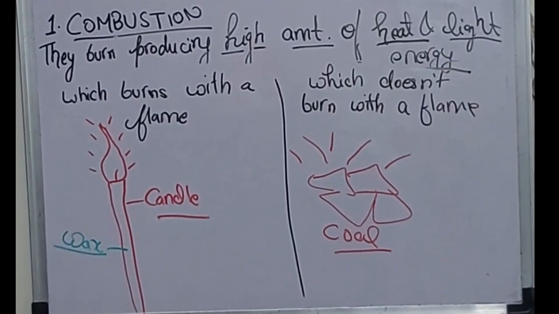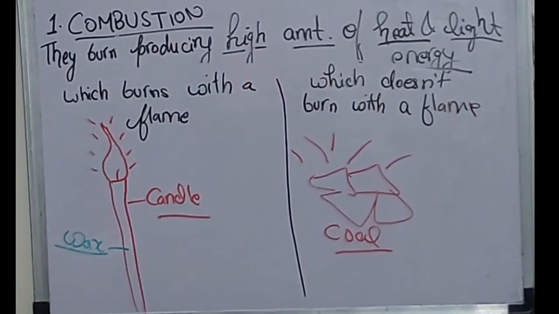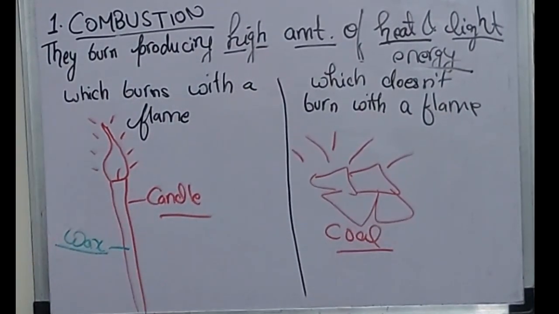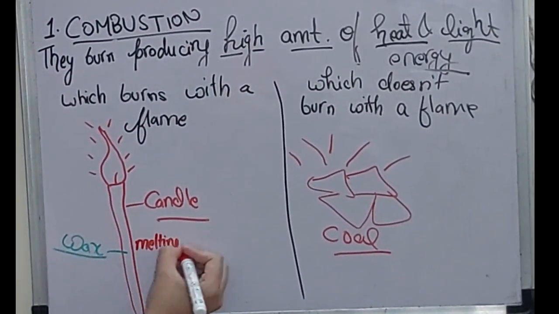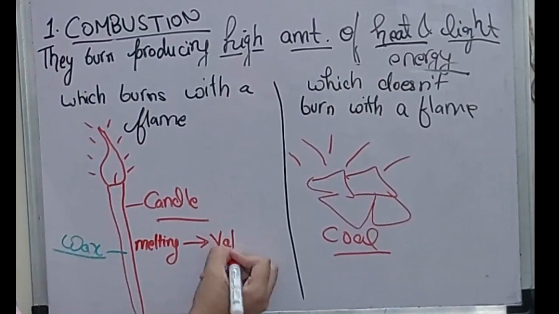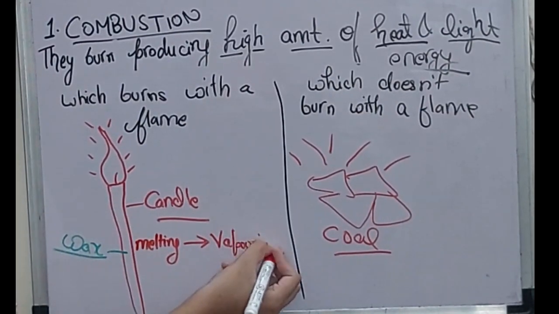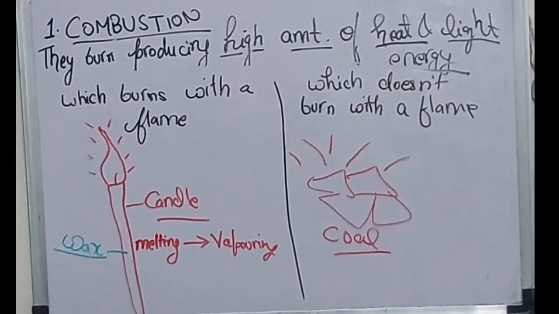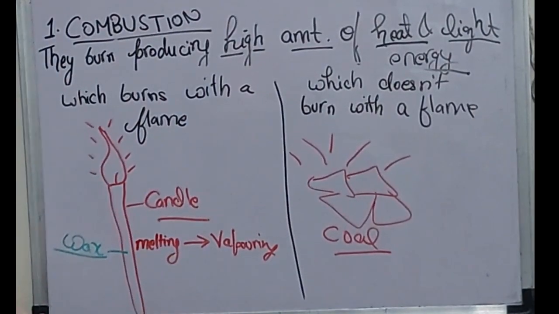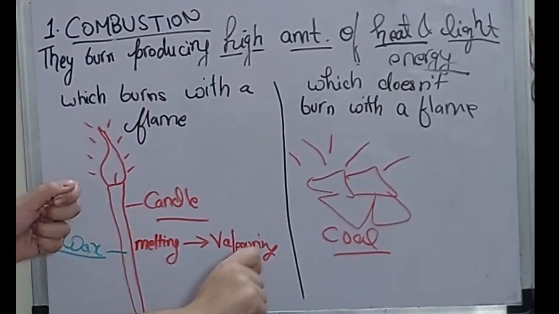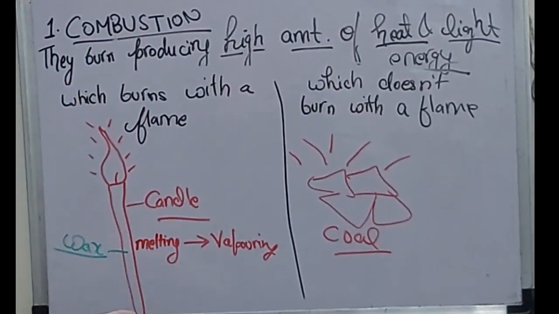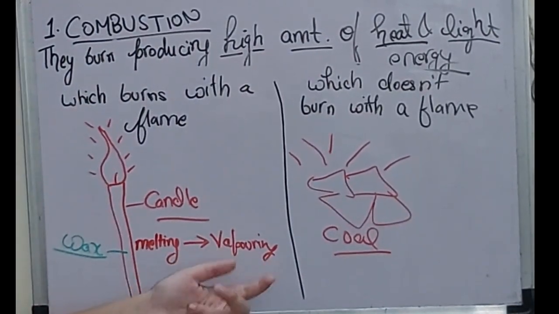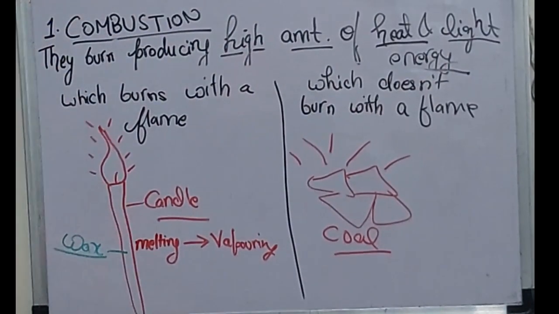This wax starts melting, and further vaporizing. ठीक है? When there is a candle, you lit it, तो पहले तो ये wax starts melting, okay, you have seen, right? And that starts vaporizing. Air में चले जाना, we can say in Hindi, I guess.